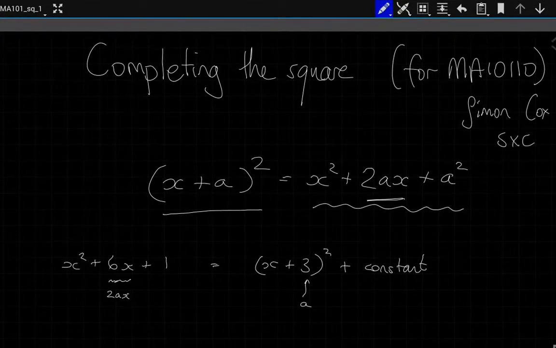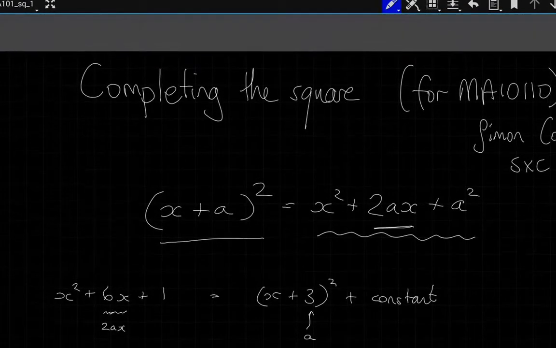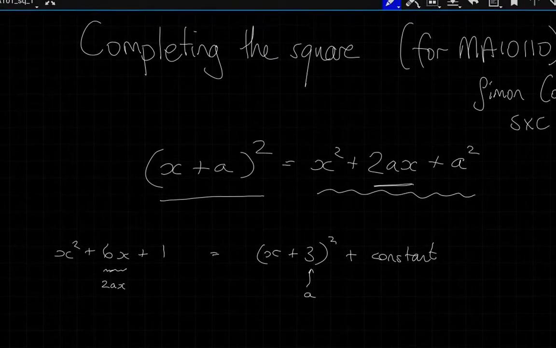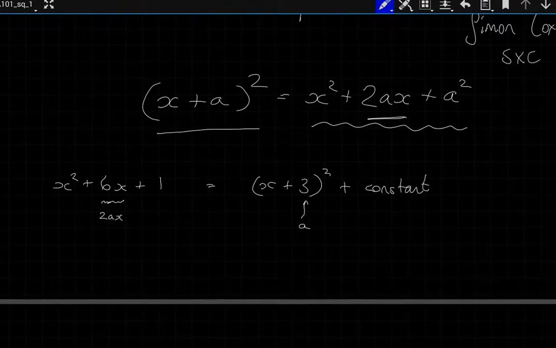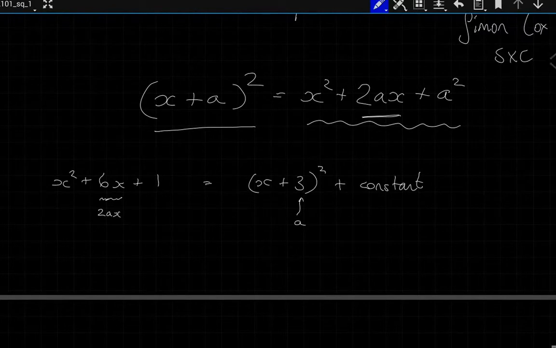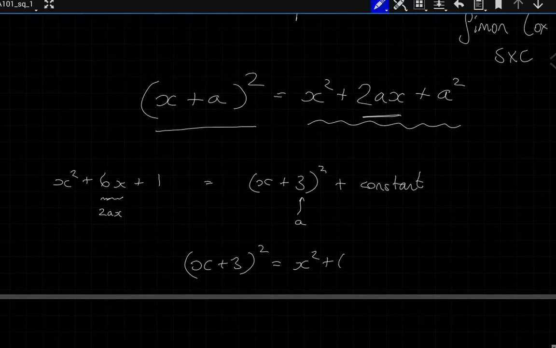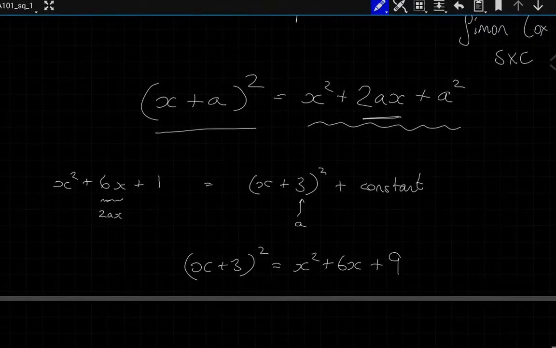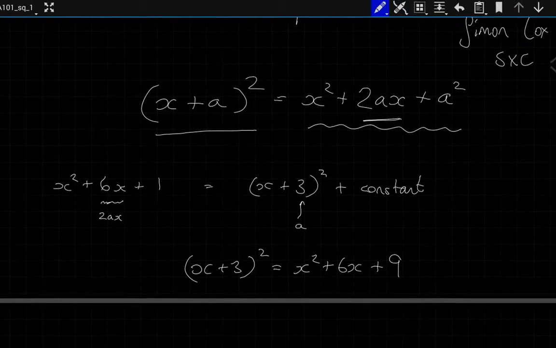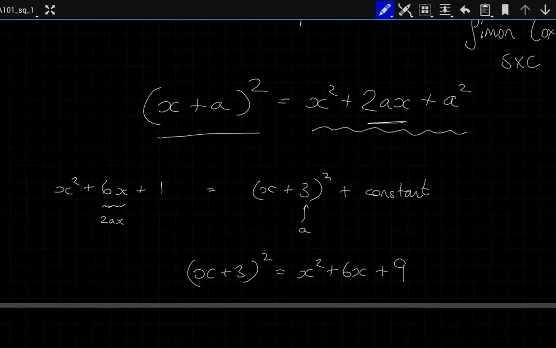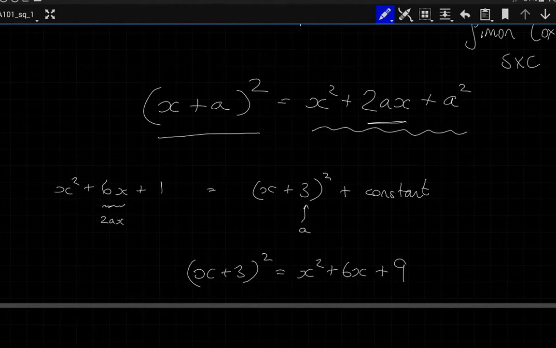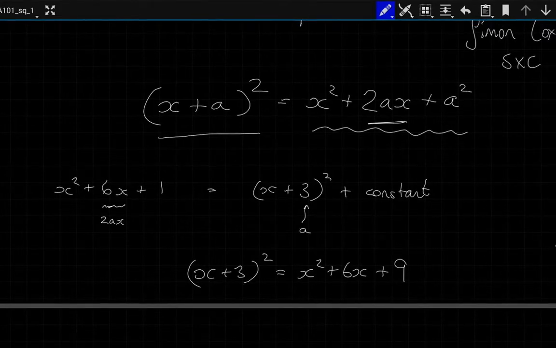So what's the constant? Well, if I expand x plus 3 all squared, I get x squared plus 6x plus 9. That's too big. That's too big by 8, or 9 minus 1 if you prefer.